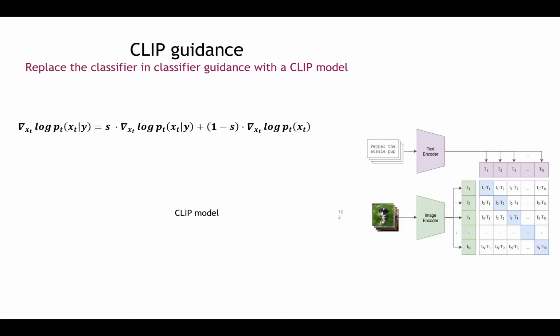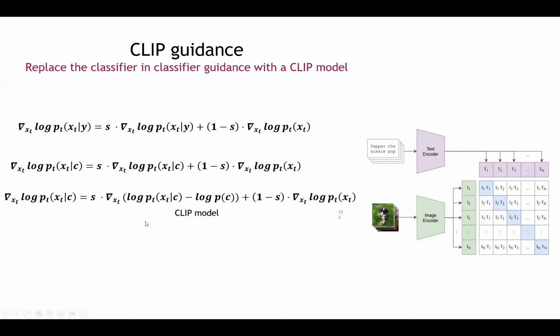So what that means is, remember, this is what we are doing with classifier guidance or classifier-free guidance. We have x_t given y and x_t, the unconditioned and the conditioned, and we have this factor s minus 1. Of course, here the condition was y. Now our condition c is a caption, so we just replace y with c.